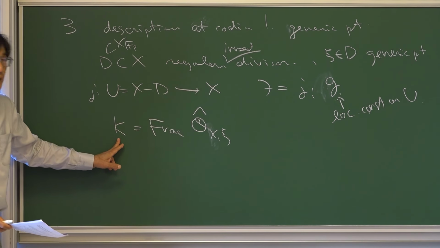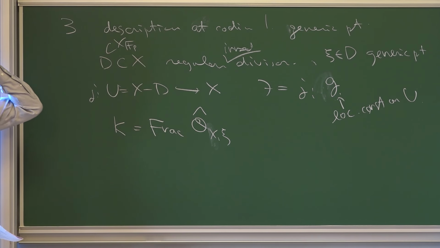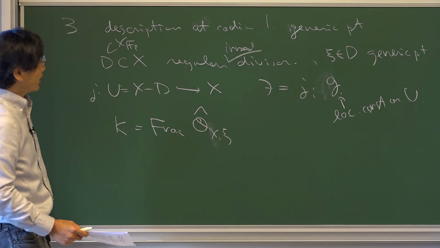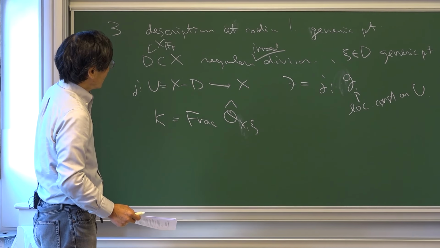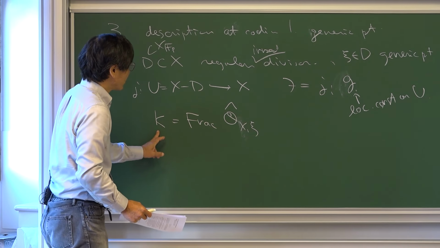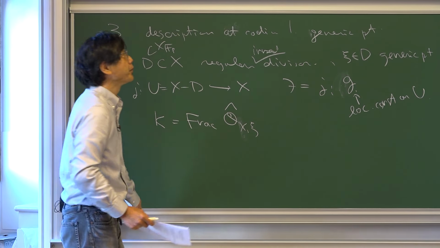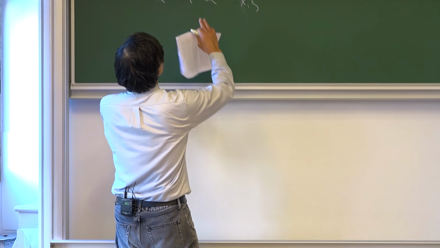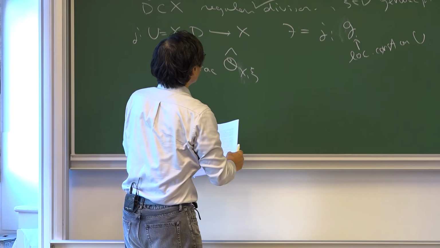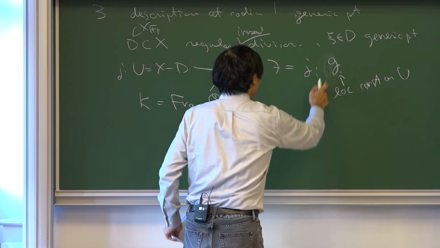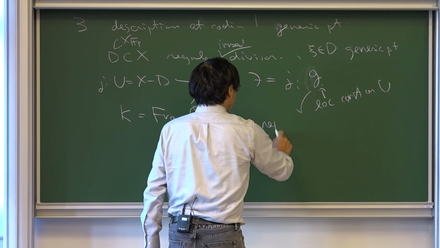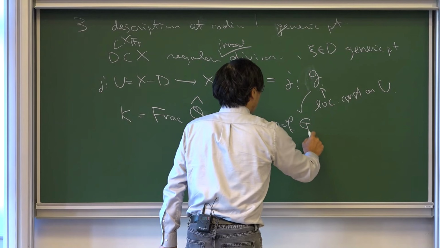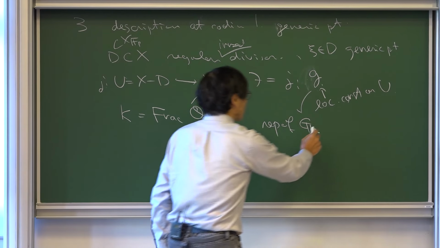So we have a local field, and the residue field is some function field in characteristic p. Then this G defines a representation of G_K, the absolute Galois group.